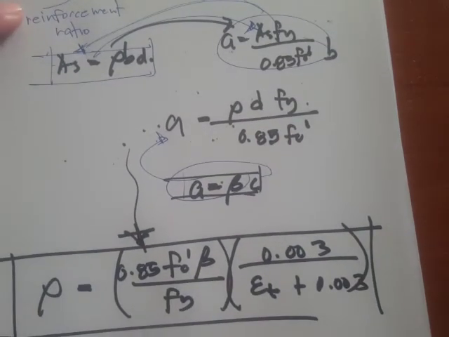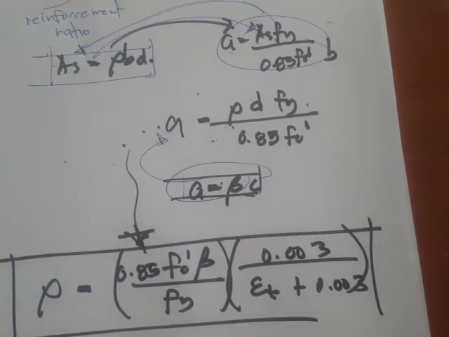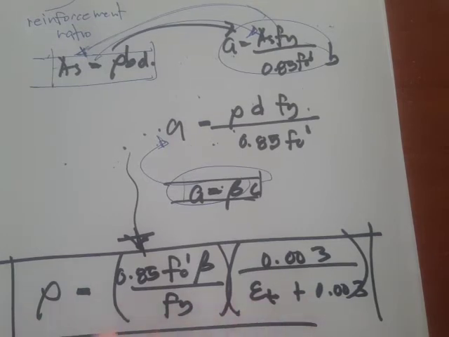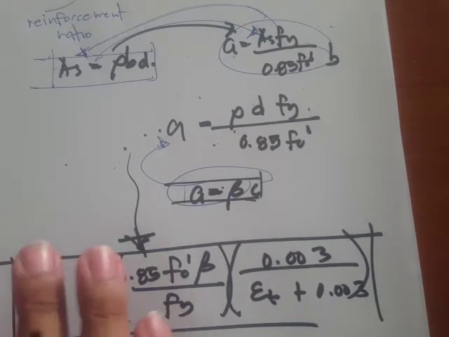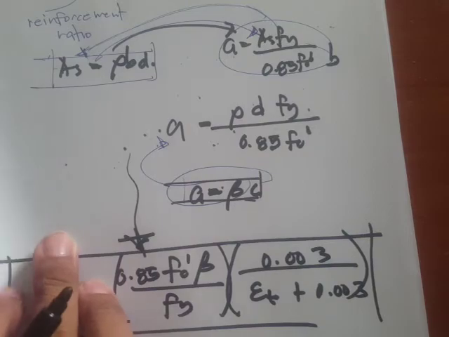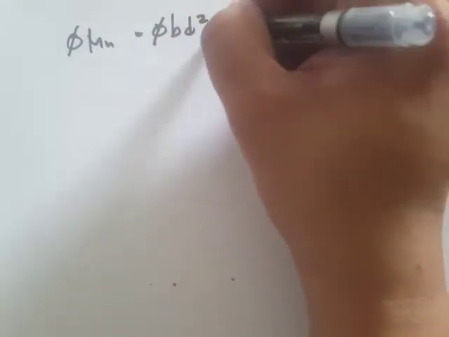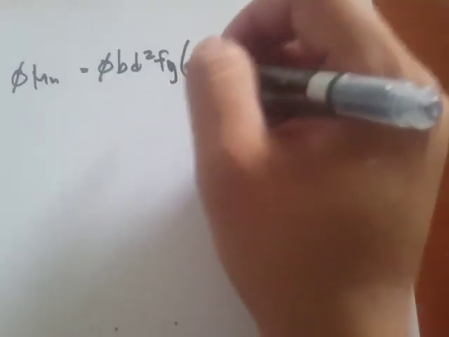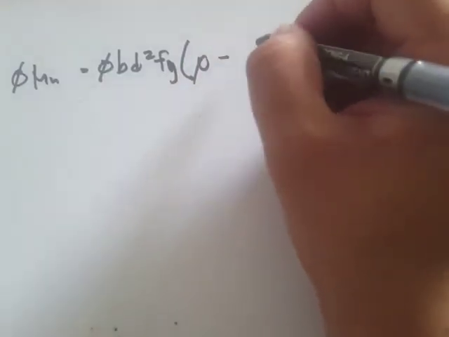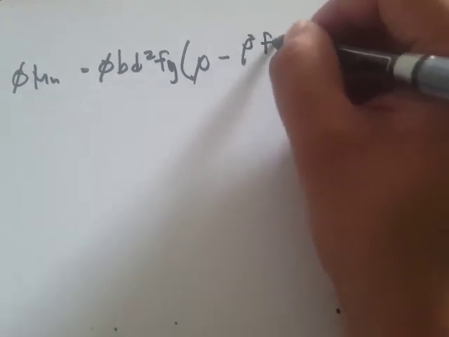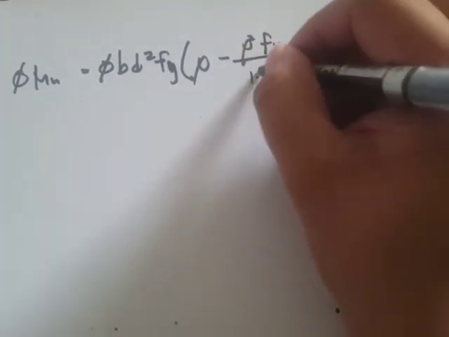With respect to the nominal moment capacity, there is also a relationship between the steel ratio and the moment capacity. The derivation is included in our lecture handouts, but I'll just write the expression here because we don't have much time now. In the next video, I'd like to move on to the next topic.